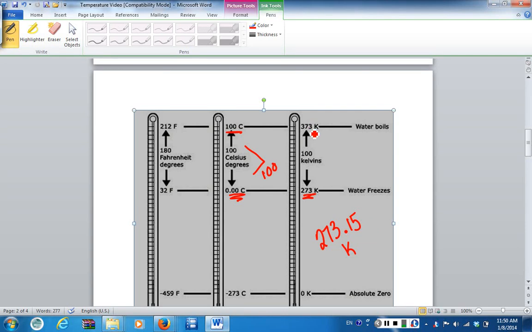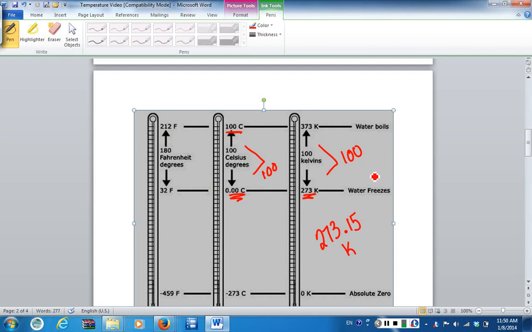However, if we look at the boiling point, we have 373.15. The difference is still 100 units. So, conversion between these two temperature scales is going to be relatively easy because we only have to account for the difference in starting point, meaning 0 degrees C and 273.15. The difference in units, 100, is the same for both, so it makes converting much easier.